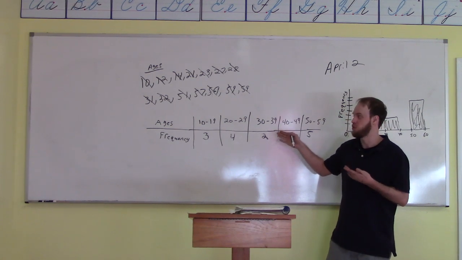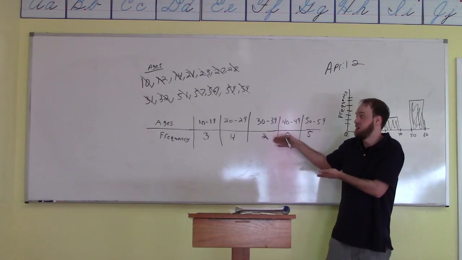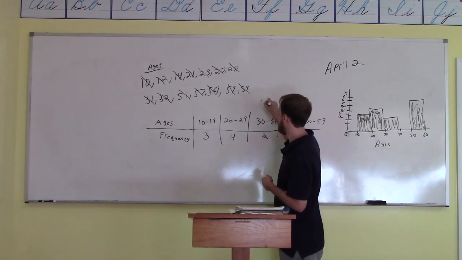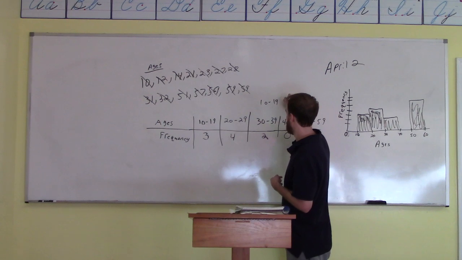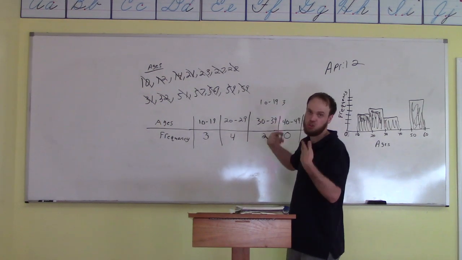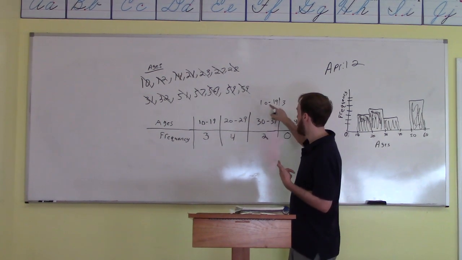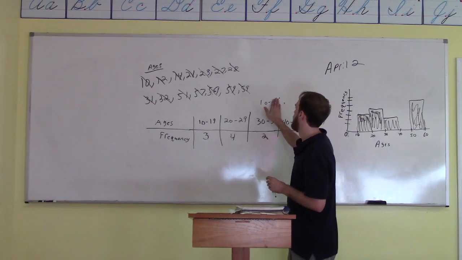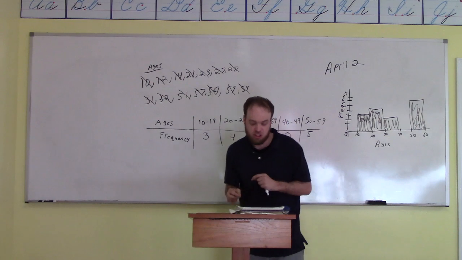You don't have to do this exact one every time, but this is the one that you're taught. You can do tallies, so you can do something like 10 through 19, and then 3. You have to do something to keep in order what your class is and what your frequency is. That's the main idea for it. So that should get you started.